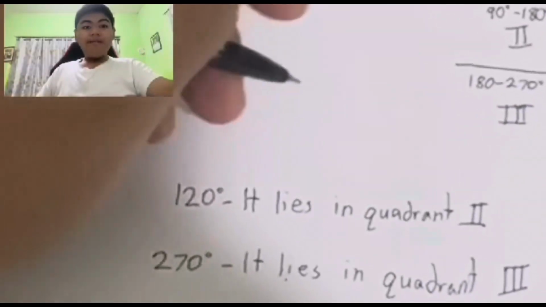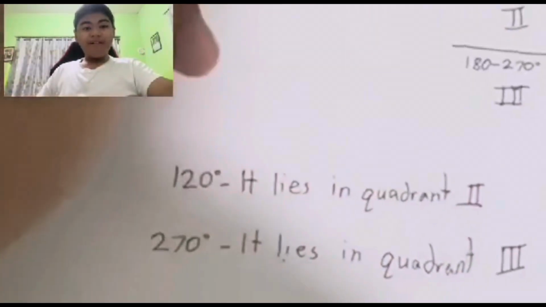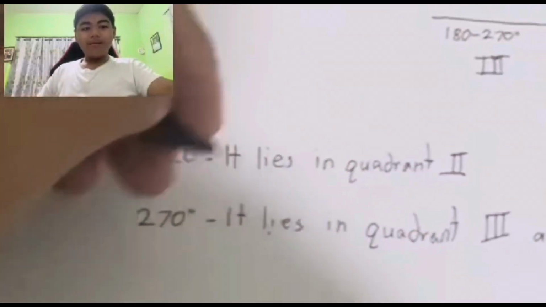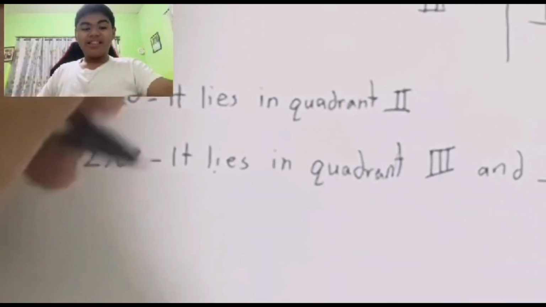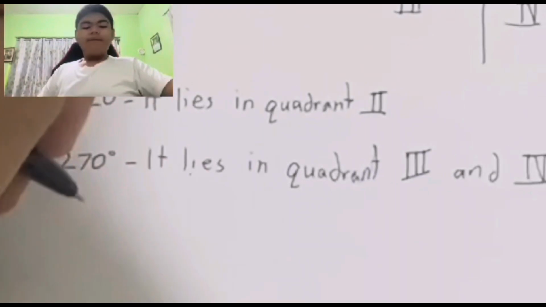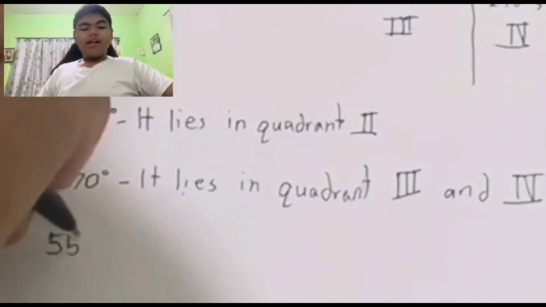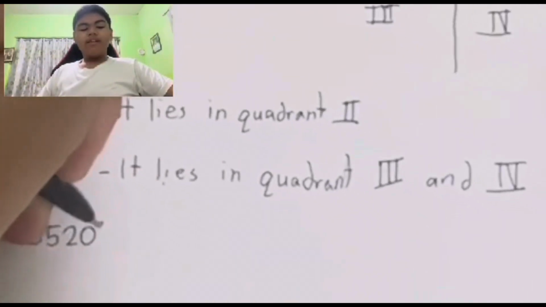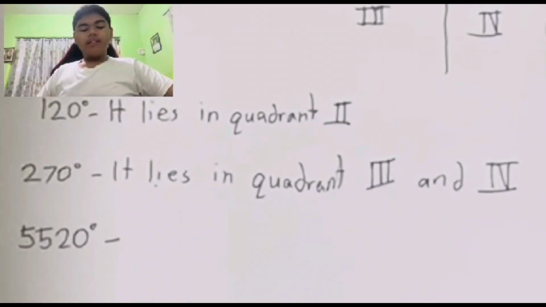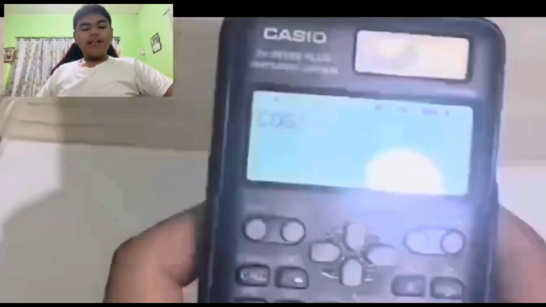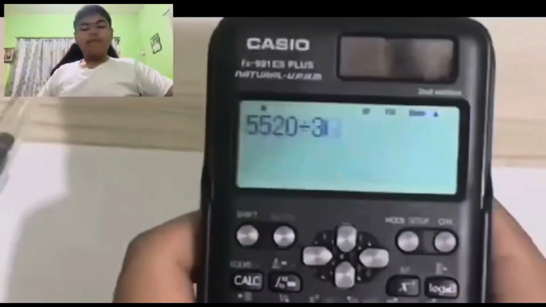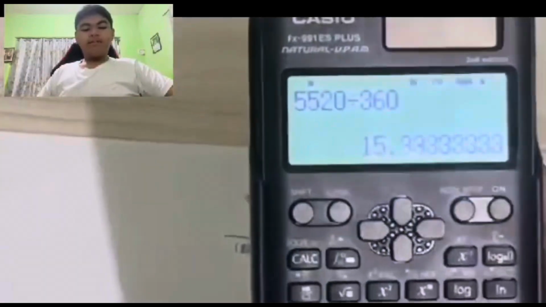How about larger numbers? How can we compute it? Well, it's easy. We have here 5,520 degrees. We can just divide it by 360 degrees, which equals 15. 15 times 360 is 5,400.